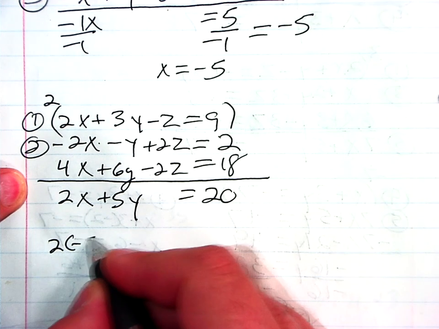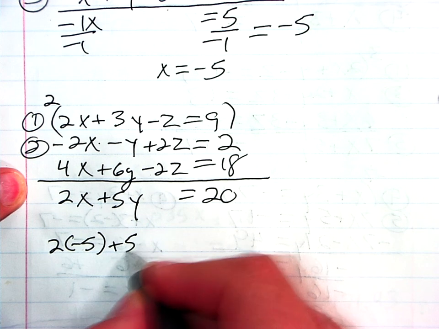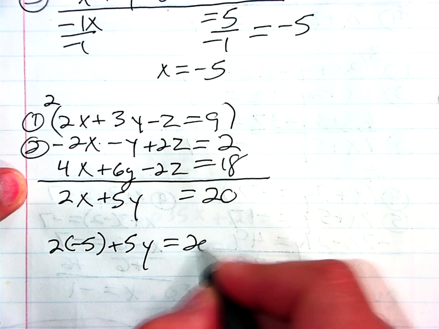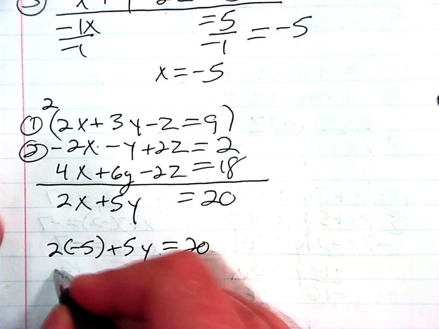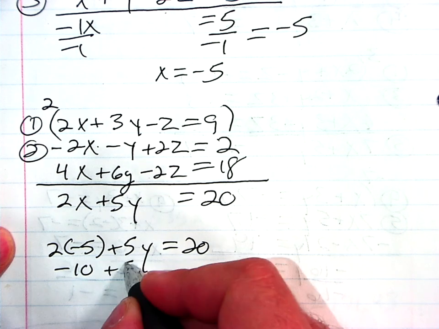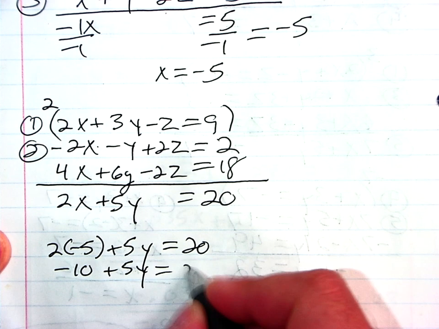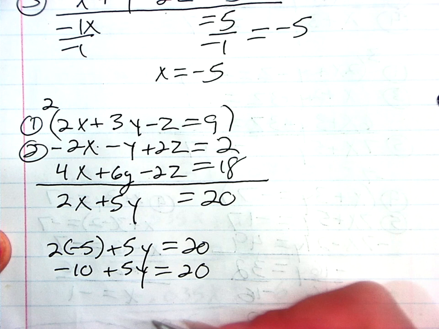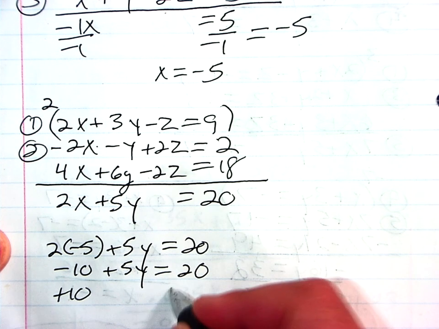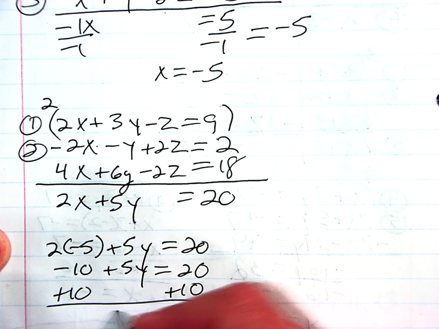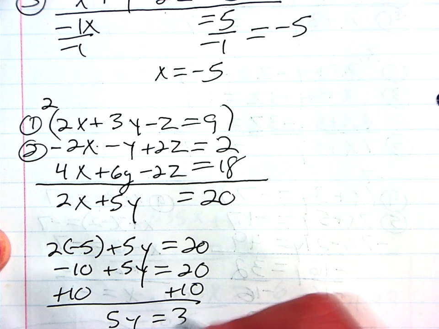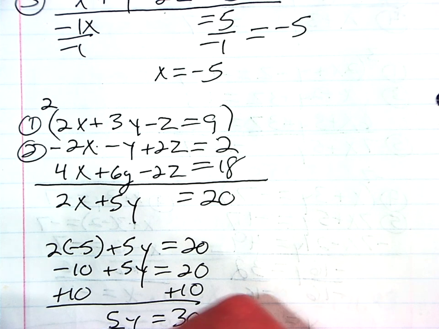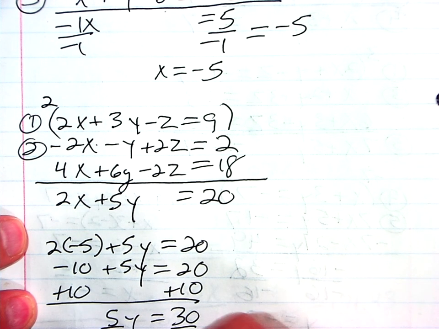So 2 times negative 5 plus 5y equals 20. 2 times negative 5 is negative 10. All right, so plus 10, 5y equals 30. Divide by 5, and y equals 6.